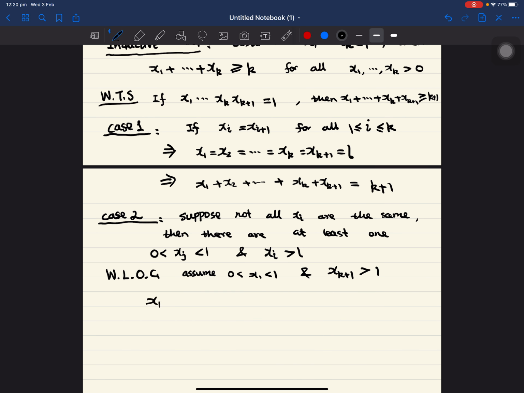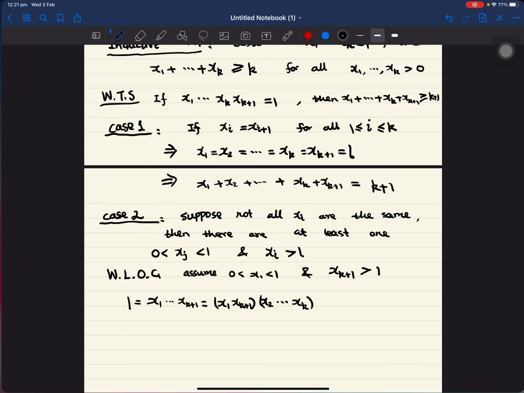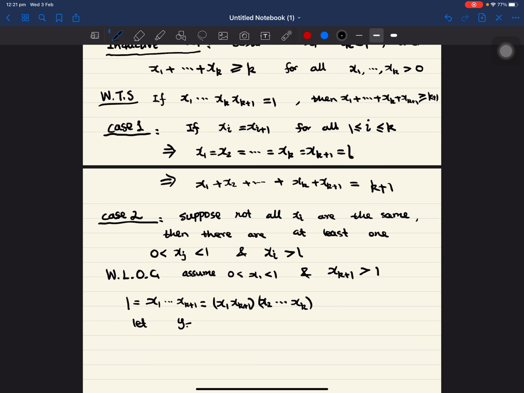Then the product x1 to x(k+1) is equal to 1 by assumption, and we can rewrite it as x1 times x(k+1) times x2 all the way to xk. And we let y equal to x1 times x(k+1), then we have that y times x2 times all the way to xk equal to 1, and these are all positive.